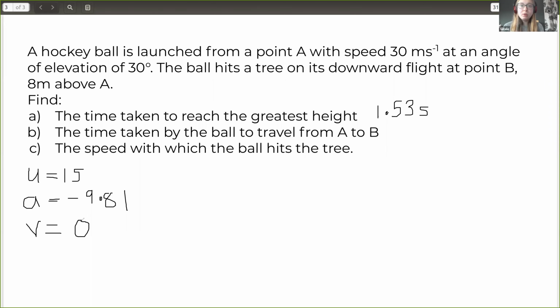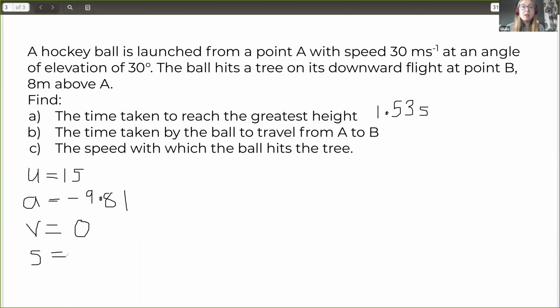Now I'm not going to use the time here. The reason I'm not going to use the time is it's a value we worked out. So if I get it wrong, I'm going to carry that error through. So it's much safer to try and use something that hasn't been worked out by ourselves. And we can do that.